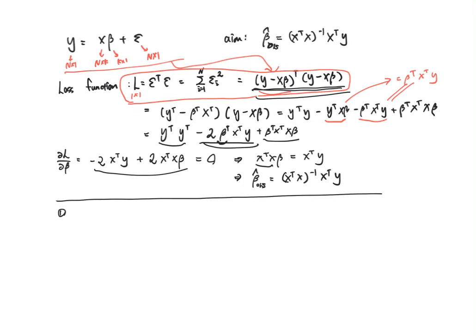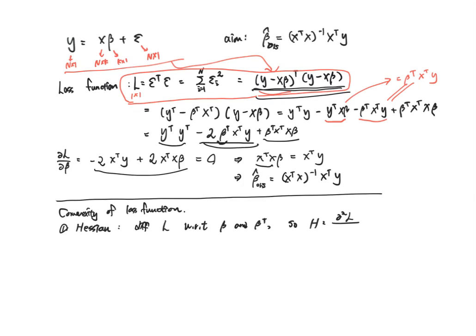The first way to prove the convexity of the loss function is to find the Hessian. The Hessian is the double differentiation of the loss function with respect to beta and beta transpose.